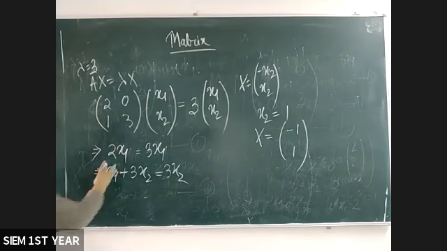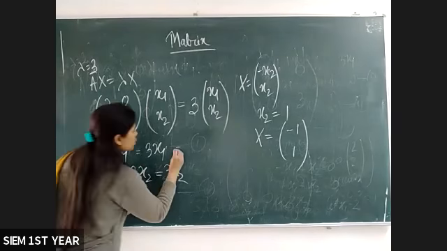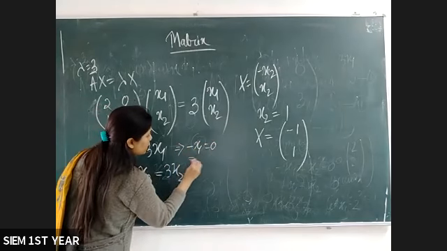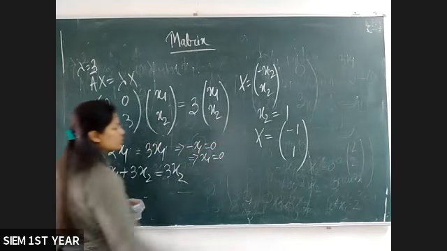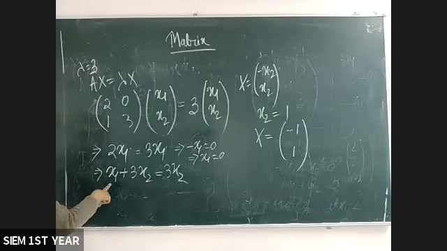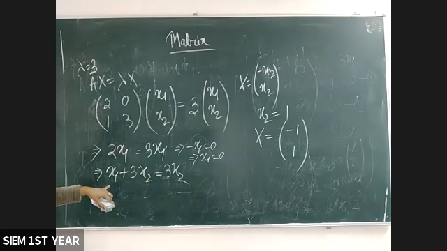Clear? So from the first equation, if you take this 3x1 to the left hand side, you get minus x1 is equal to 0, which implies x1 is equal to 0. And from the second equation, again you get x1 is equal to 0 because 3x2 will be cancelled. Minus x1 is equal to 0 means you cannot get any relation between x1 and x2, so you can get any value of x2.